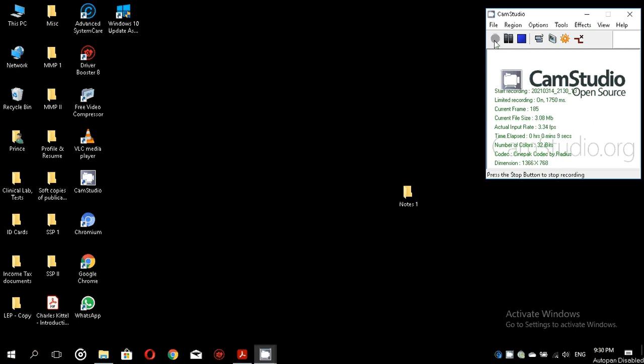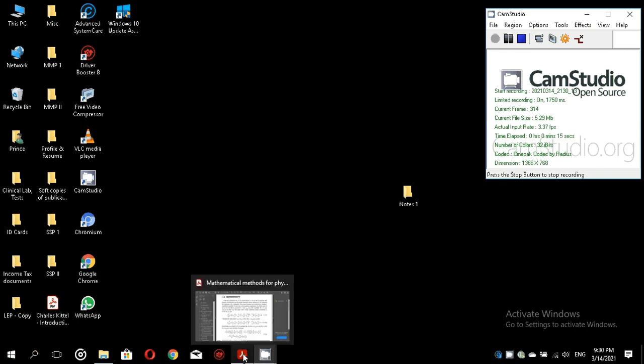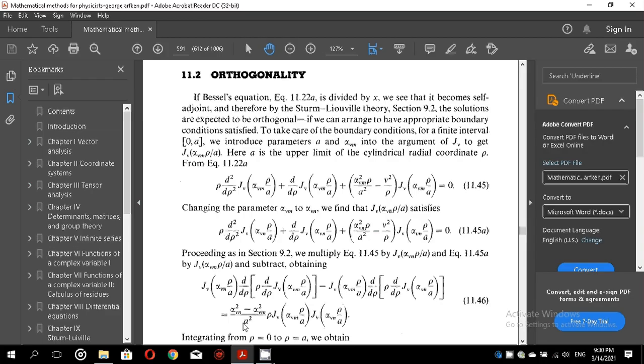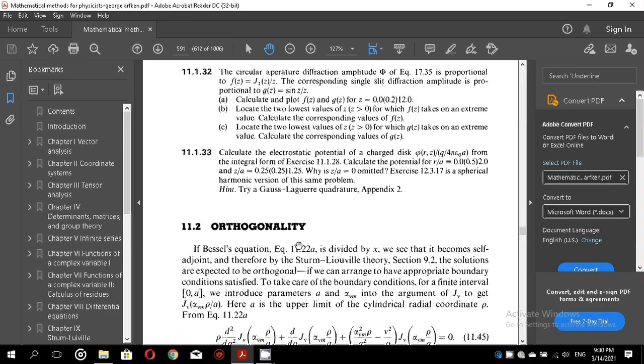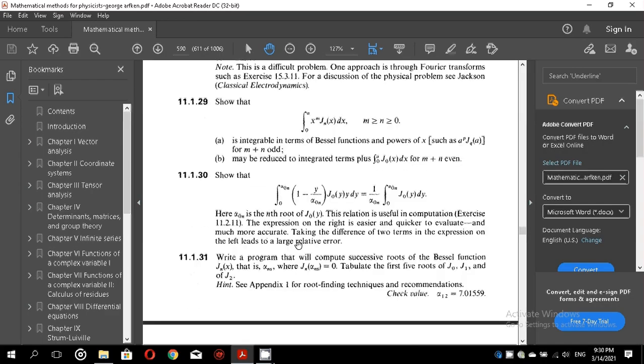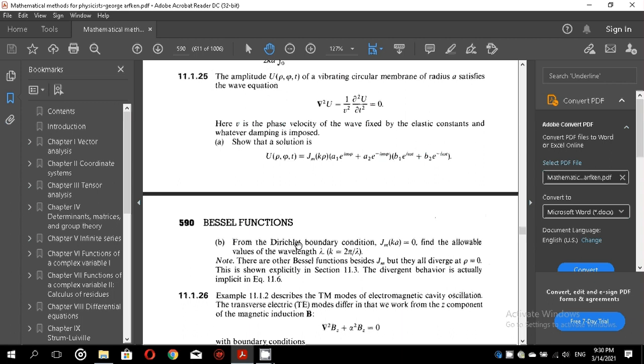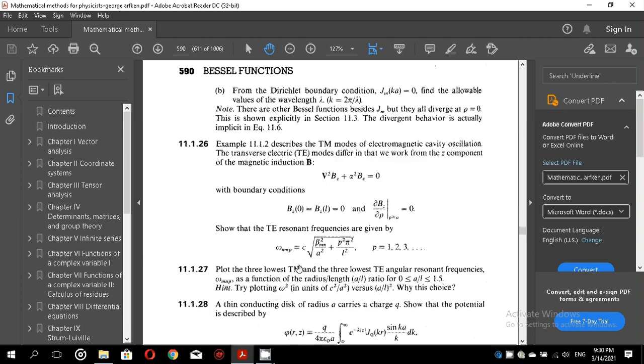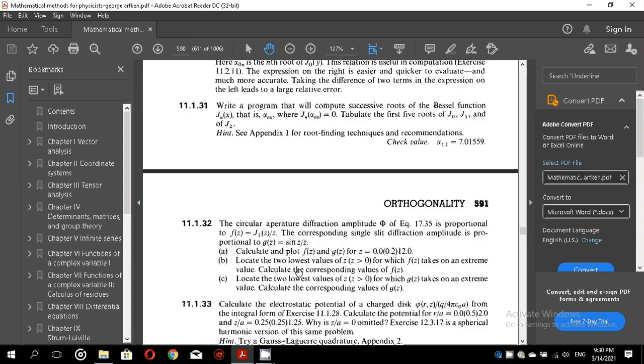Let me display the pages of the book before you, which we are going to consult today. This is page number 590 from the book by Arfken, and you already have the soft copy of this book with you.